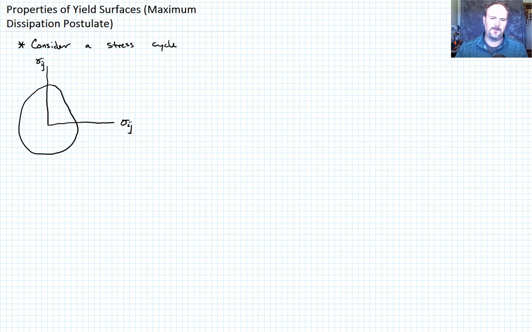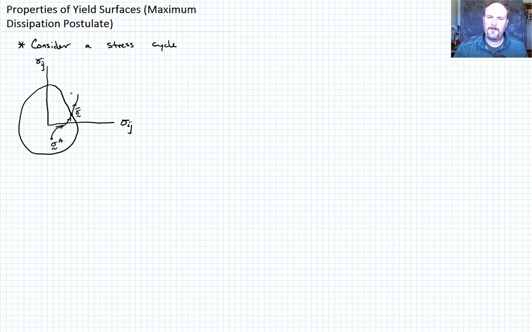Doesn't really matter. We're going to start at some point inside the surface that we'll call sigma A. We're going to load up along some path. It doesn't have to be straight, up to this location on the yield surface that we'll call sigma bar, and then we're going to keep on loading.